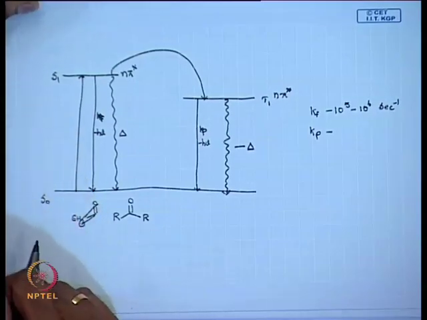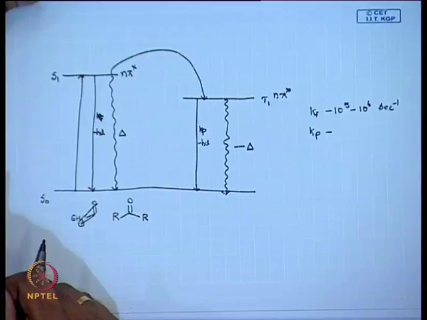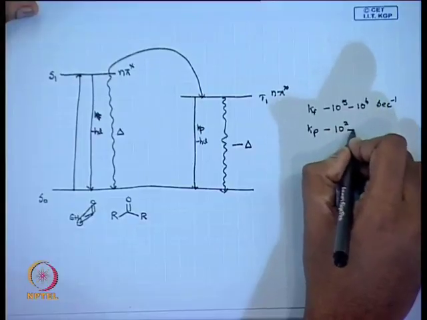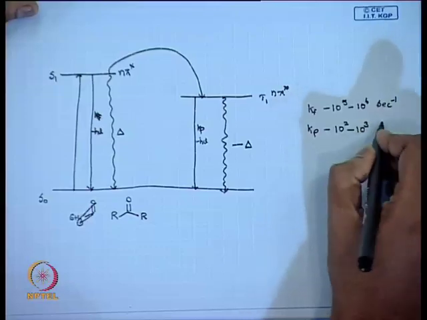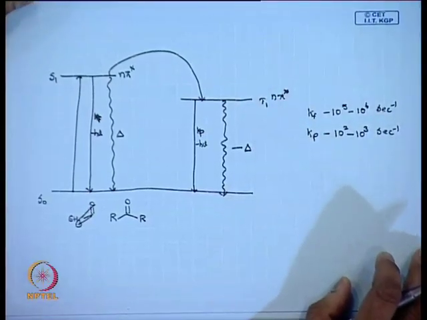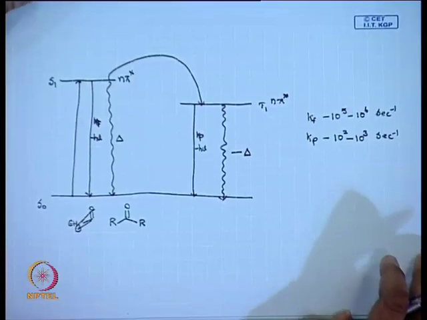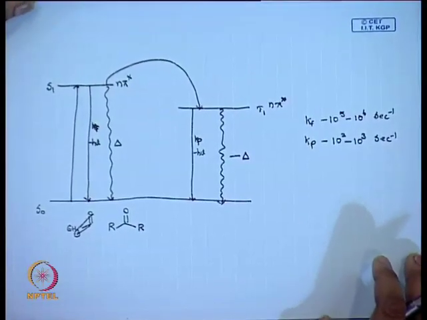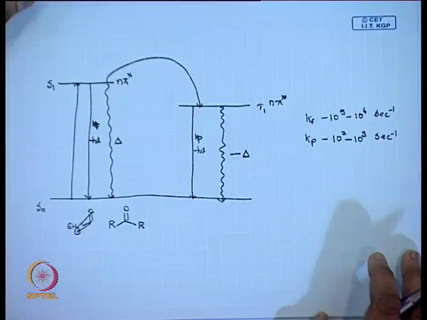It should be a slow process. Yes, very good. It will be from 10 to the power of 2 to 10 to the power of 3 second inverse. See how much it gets delayed. It gets delayed so much, right.